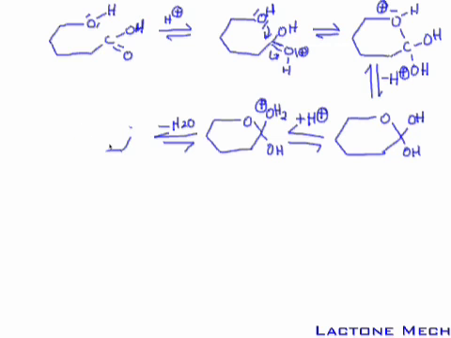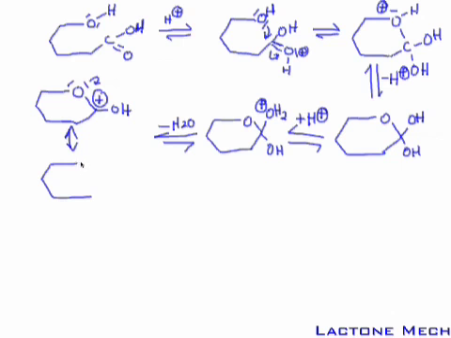Smooth it over, give me some room. Draw it up here. OH plus carbocation. That carbocation is resonance stabilized. Can have the pi bond to the oxygen in the ring. If you do that, you get a plus here.